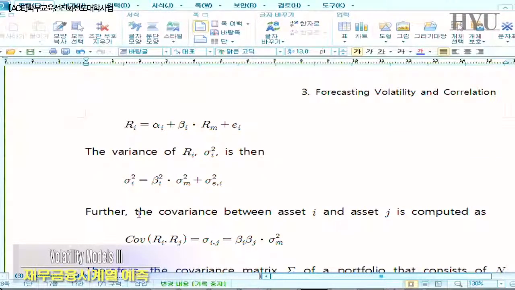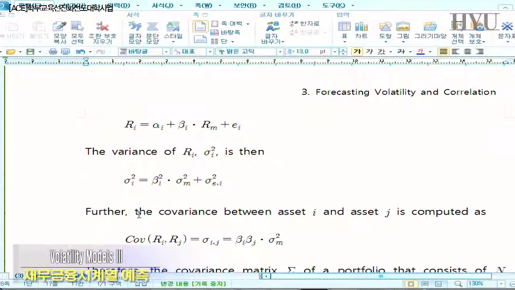Also, if you do a little algebra, you can write this in terms of subscript J and calculate the covariance between R sub I and R sub J. And usually the covariance term drops out.